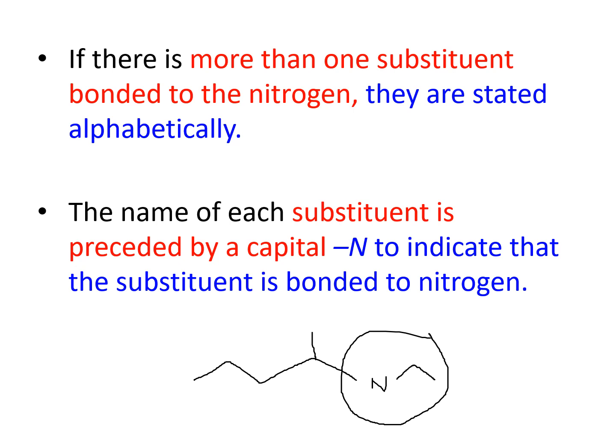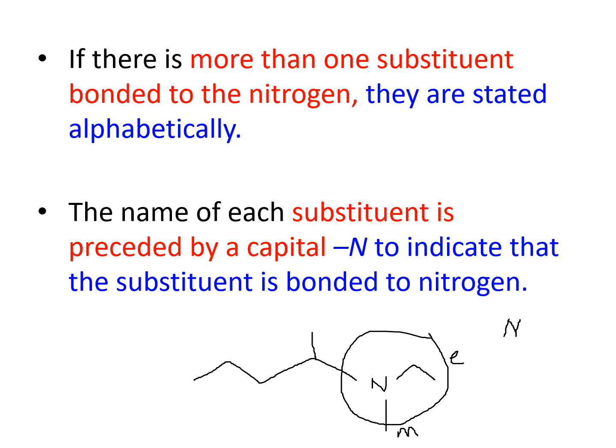If you have ethyl and another substituent, methyl, ethyl will come first before methyl because E comes before M. The name of each substituent is preceded by a capital N. Look at this N, italic N.